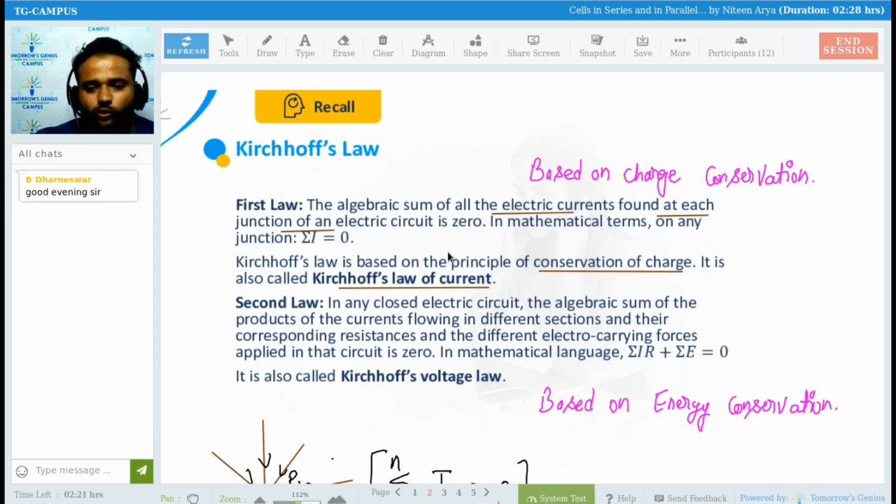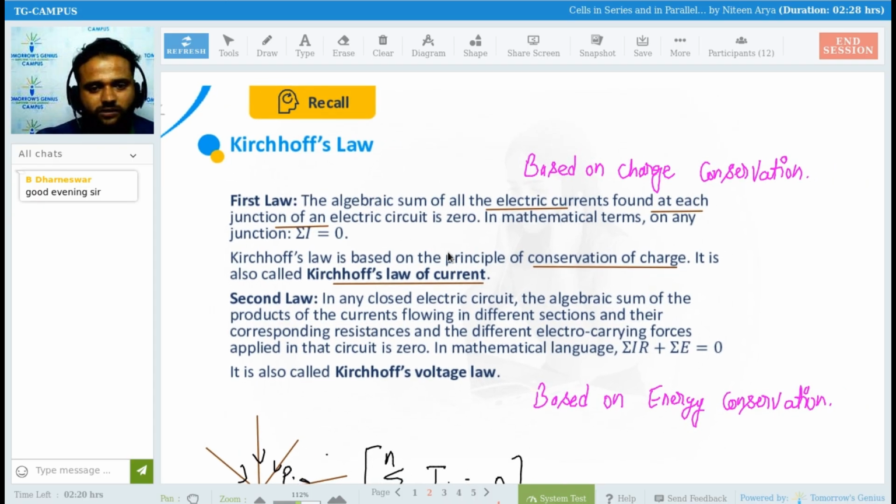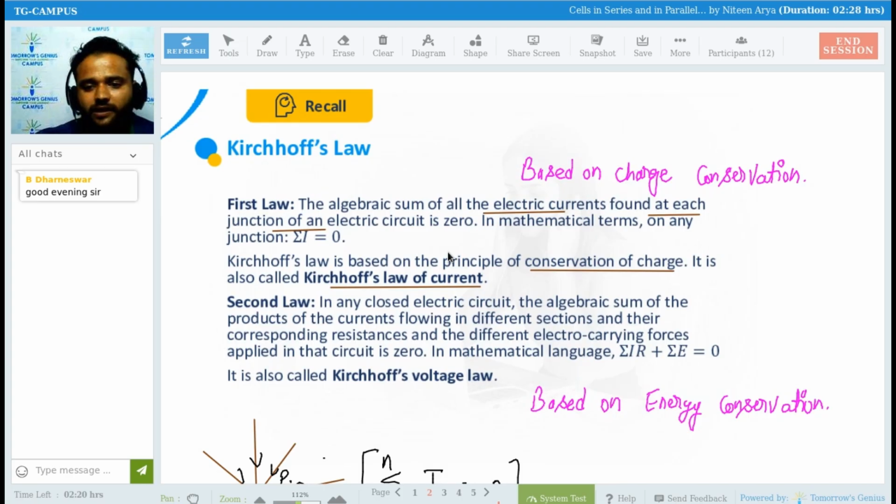Second law: in any closed circuit, and this is the main line, the algebraic sum of the products of current flowing in different directions and their corresponding resistances, basically V, because V equals IR, is why it is also known as KVL, Kirchhoff's voltage law.